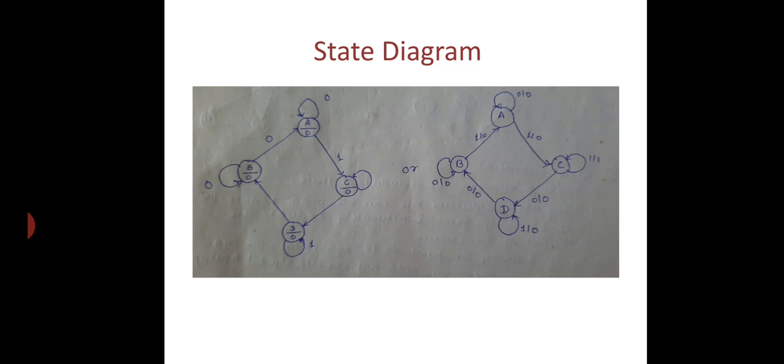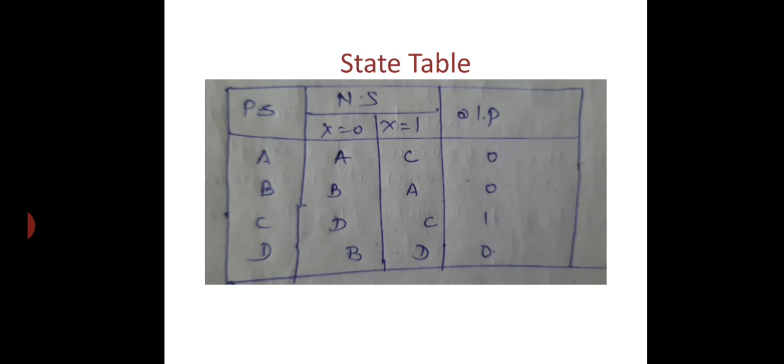Moving further, with respect to the state diagram, we can now write the state table. It is nothing but a tabular representation of the state diagram, as you can see on this particular slide.